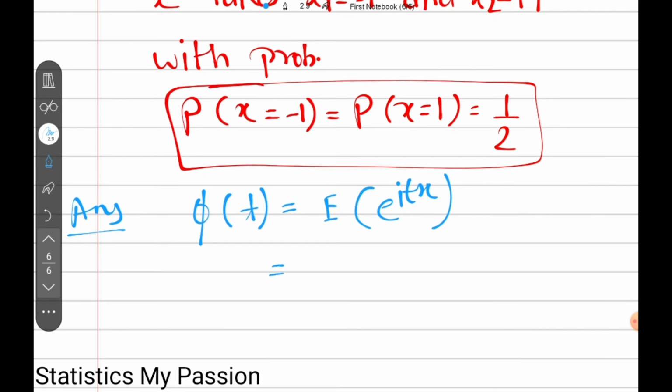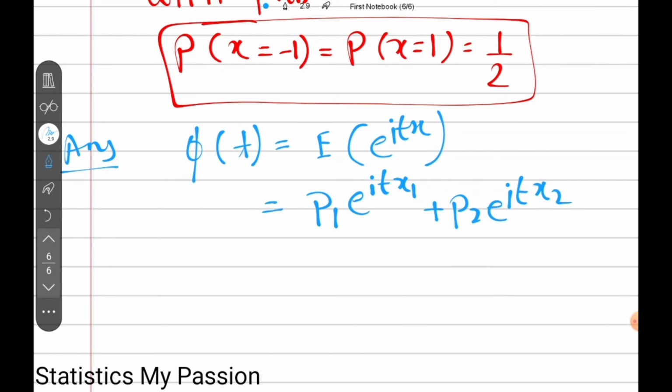Now because of the two values, we write it as p1 e^(it x1) plus p2 e^(it x2). What is the value of p1 and p2? p1 and p2 are equal to 1 by 2.